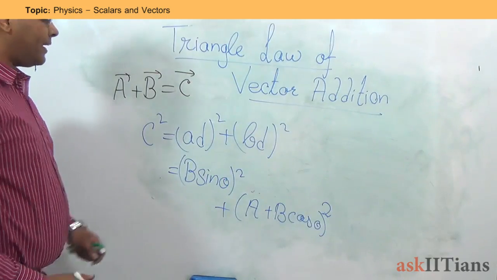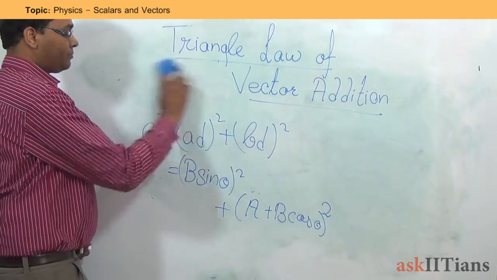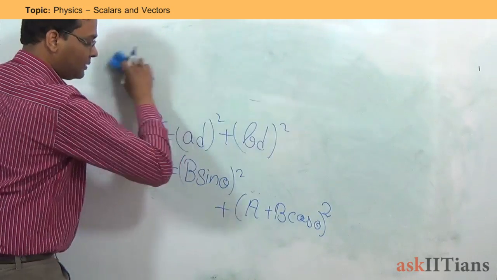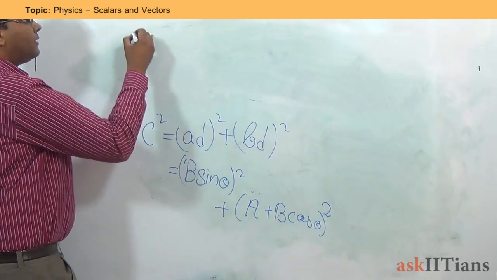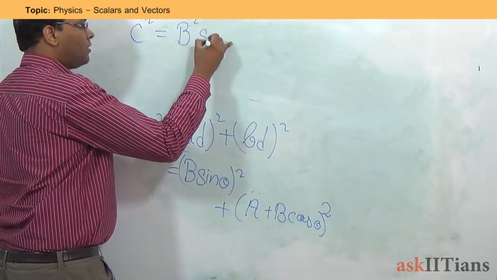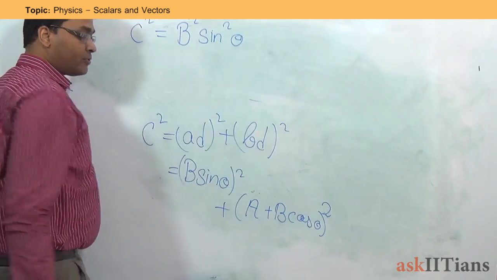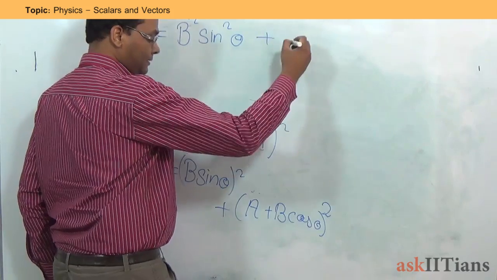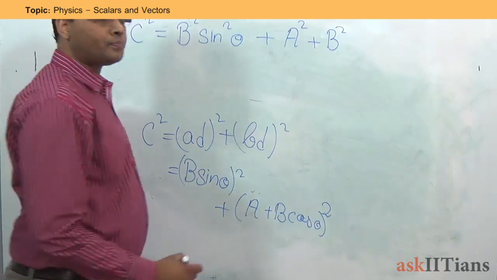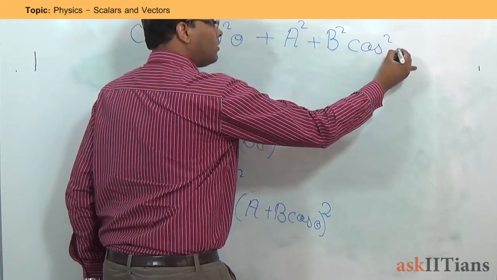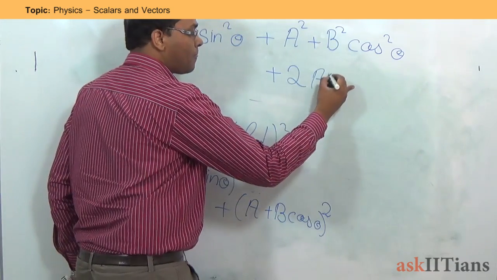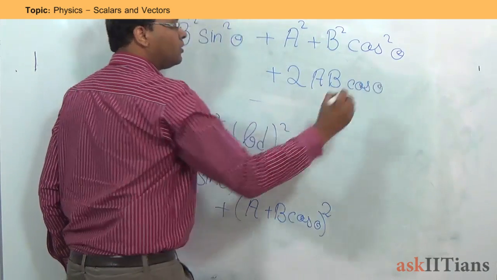Right? So if we expand this, we'll get C square as equals to B square sin square theta, plus A square plus B square cos square theta plus twice AB cos theta.